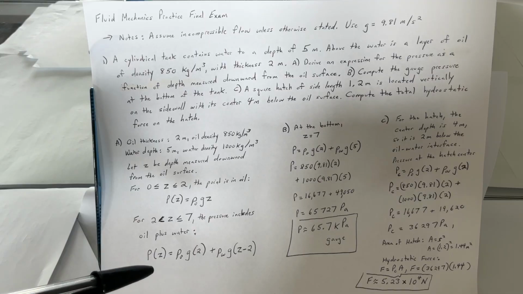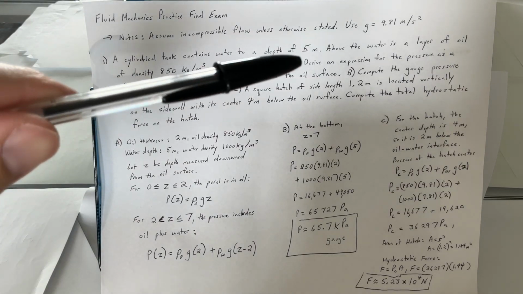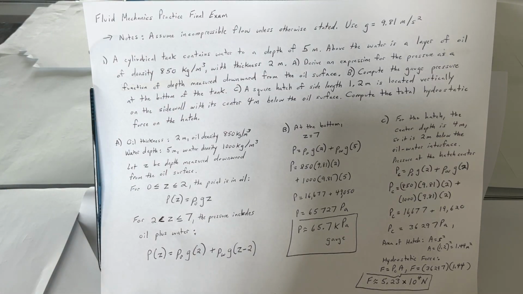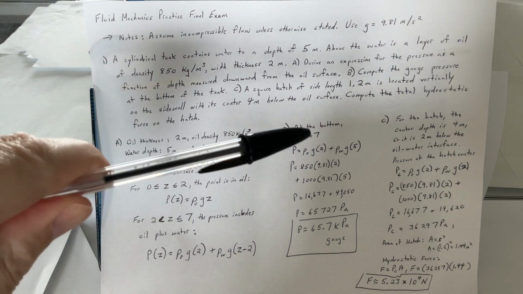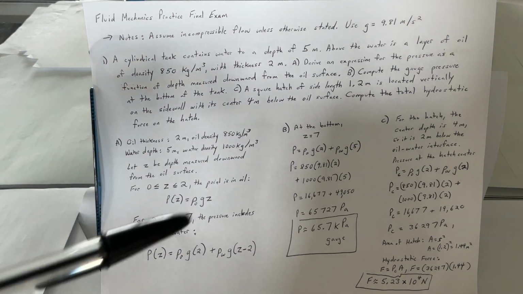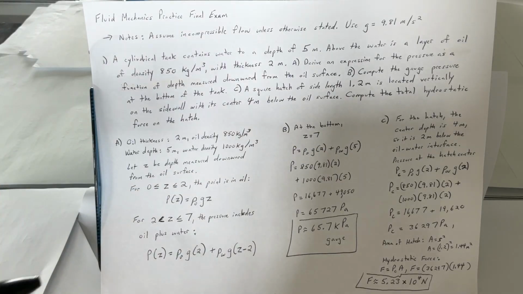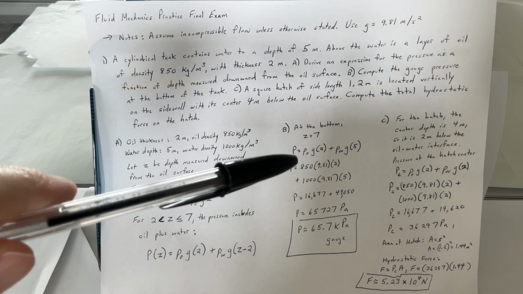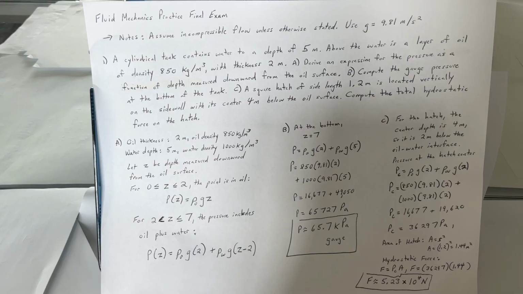Okay, now we're good with that. Part B, compute the gauge pressure at the bottom of the tank. So at the bottom of the tank, z equals 7. Using this formula, we're just going to plug in: P equals rho naught g times 2 plus rho sub w g times 5.